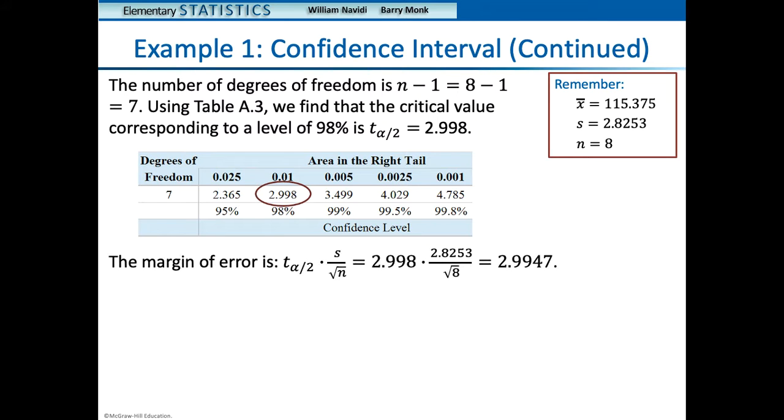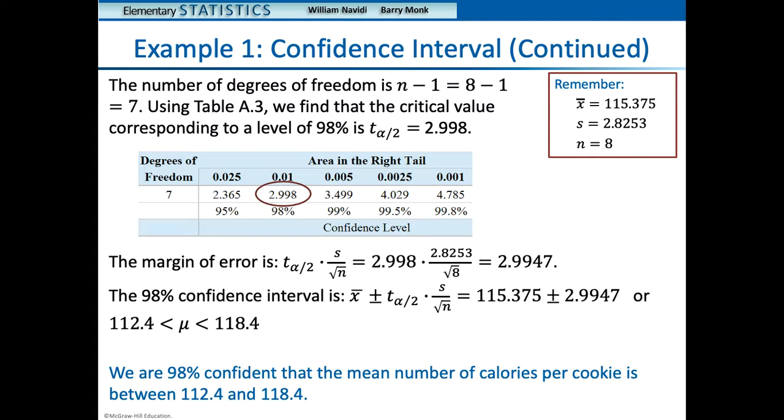And then next, we'll take that critical value and multiply it by the standard error. Again, the standard error is s, the sample standard deviation, divided by the square root of the sample size, square root of 8. When we do that calculation, we get a margin of error of 2.9947. And then the margin of error gets both subtracted and added to the sample mean.